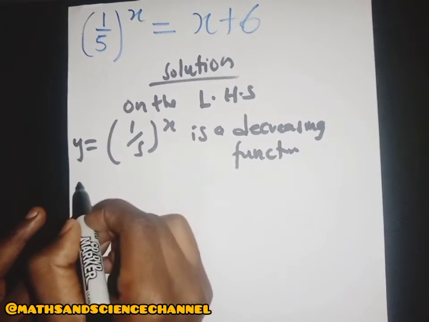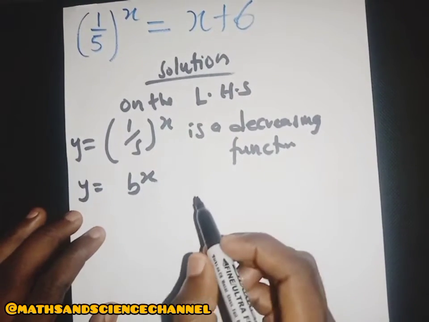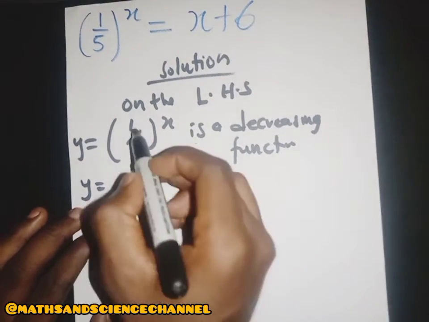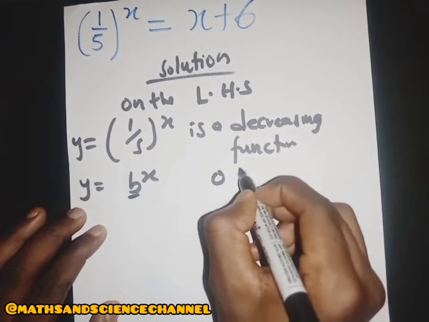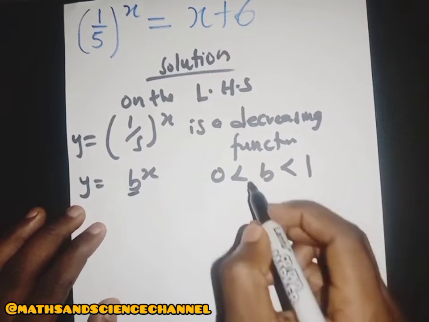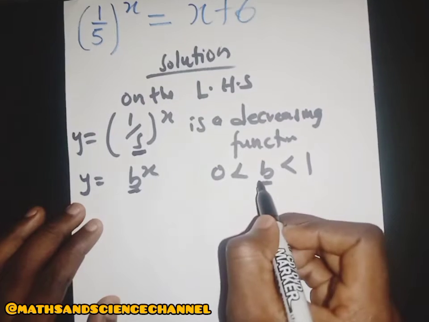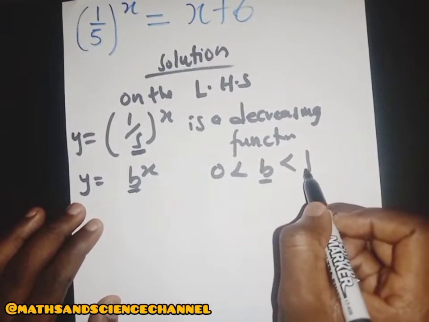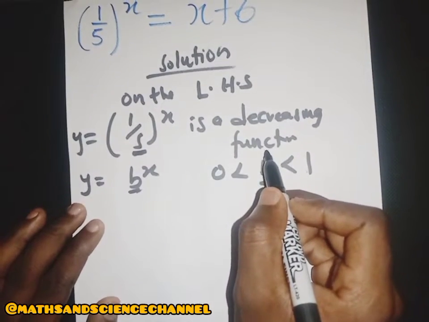In the sense that if y equals b^x, it will decrease when the b value, which is 1/5, is greater than 0 and also less than 1. So with the b we have over here being 1/5, between 0 and 1, we can consider this as a decreasing function, right?